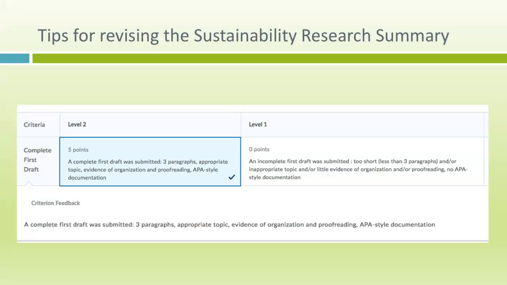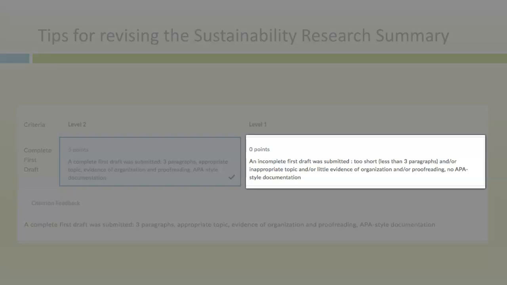Now, some of you did get 0 on this draft, and that doesn't mean that what you did was worthless or that you did nothing. Look at the text here on the evaluation. What it means is possibly that the draft you submitted was incomplete, perhaps far too short, perhaps the topic was inappropriate in terms of what we instructed you to do, perhaps too little evidence of organization and proofreading, or perhaps no evidence of any APA-style documentation.